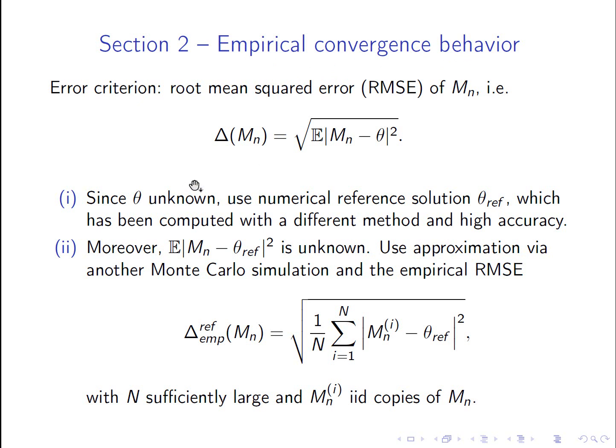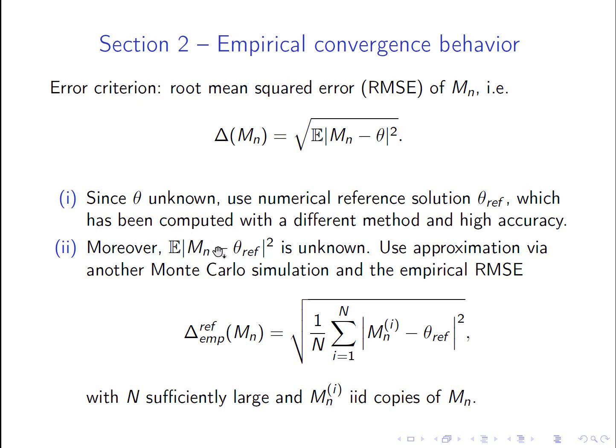Well, the first thing is theta is unknown. So in a simulation study of the error behavior, we have to replace theta by a numerical reference solution, theta ref, which is typically computed with very high accuracy and ideally with a different method than Mn. So this is our numerical reference solution. Okay, so we can replace theta by theta ref, but then we have to know this quantity here.